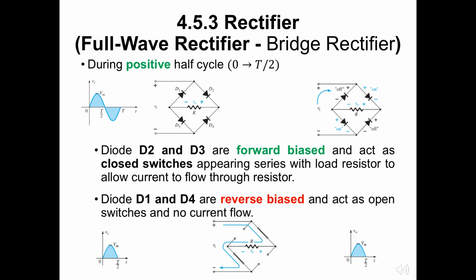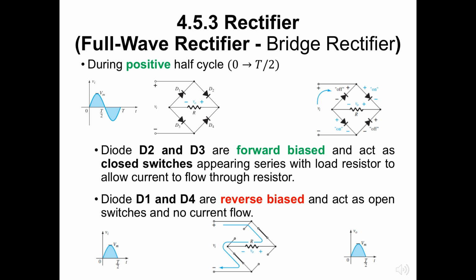During the period T from 0 to T/2, the polarity of the input is as shown in the top right figure. The resulting polarities across the ideal diodes are also shown here to reveal that D2 and D3 are conducting, whereas D1 and D4 are in the off state.